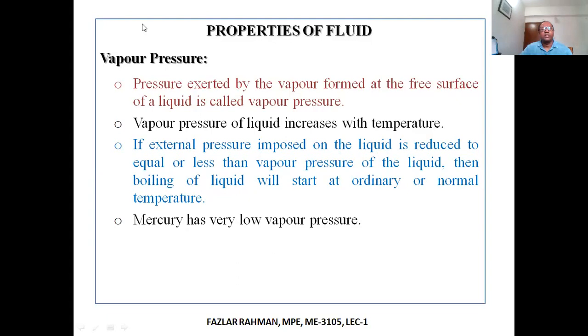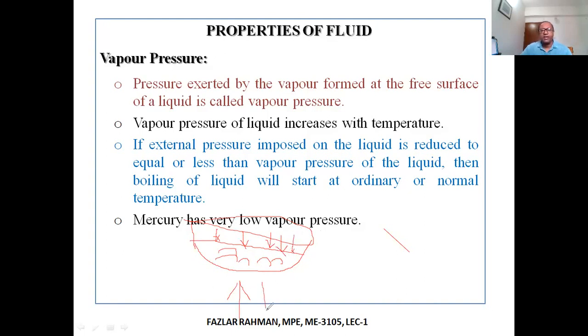For example, we are heating or boiling some water in your kitchen. So what happens? You have the free surface of the water, you are applying heat, right? Then water temperature gradually increases, right? But how much is the pressure over here? Atmospheric pressure, right? How much atmospheric pressure? 14.7.